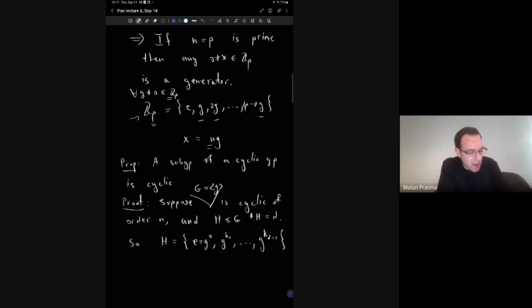What I'm doing here, I do not know that H is g to the 1 up to g to the d, because that's really not necessarily the case. But H has d elements, and each of them must be a power of the generator.